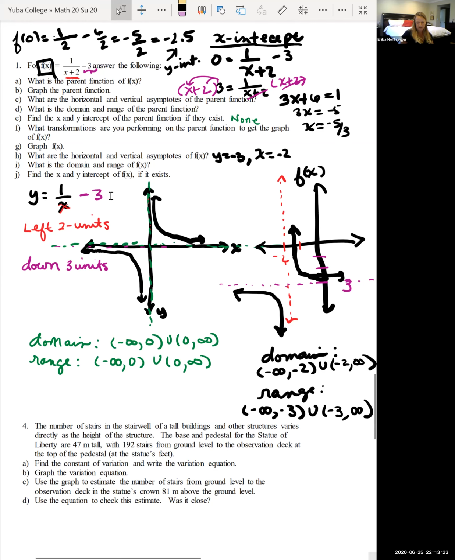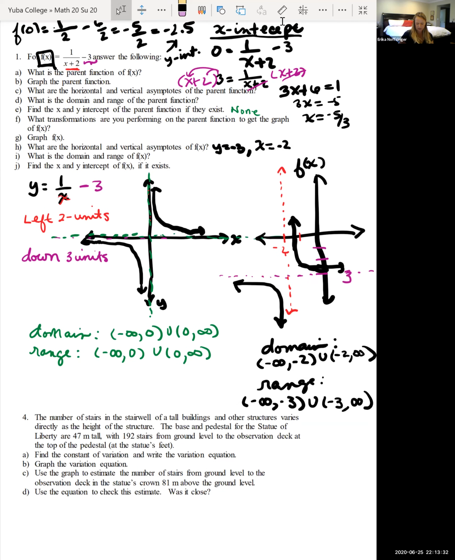Okay, so you should be able to answer questions about graphs and transformations. Recall we did variation problems. So that's like the next example.